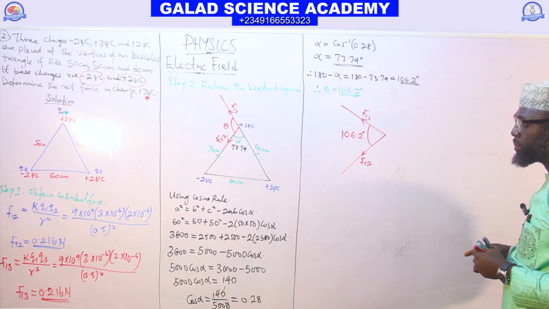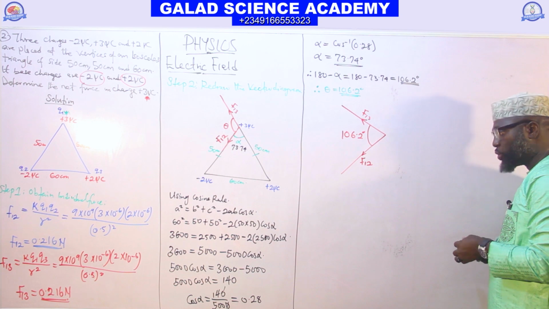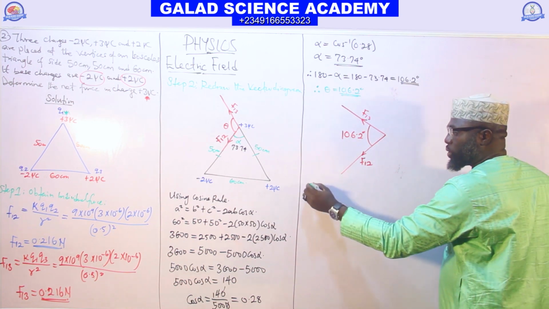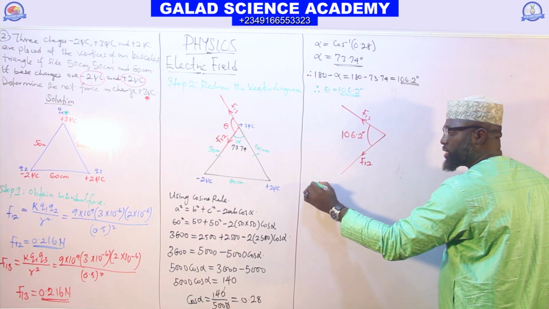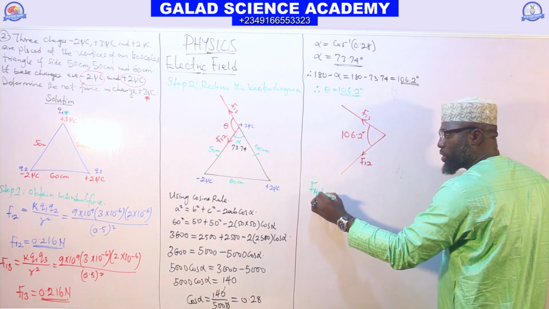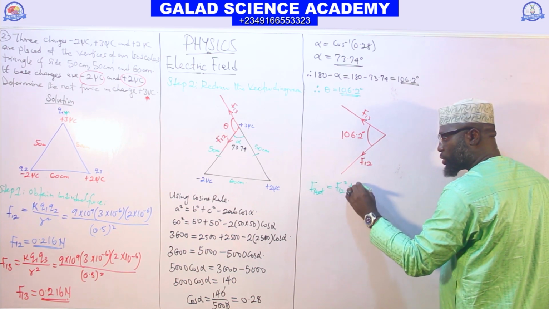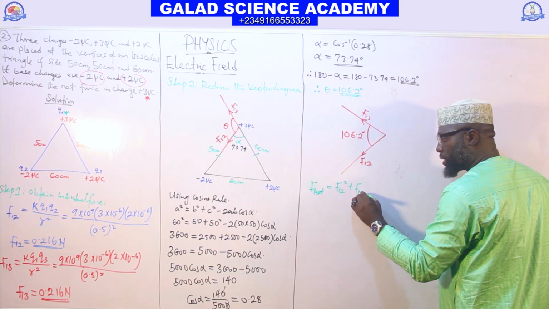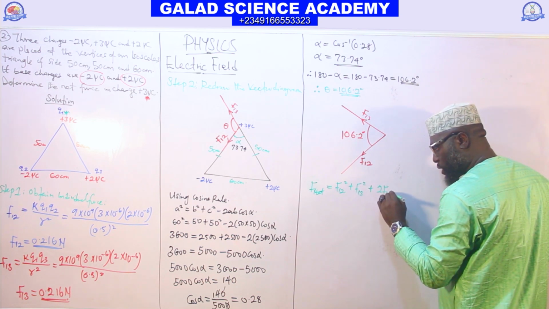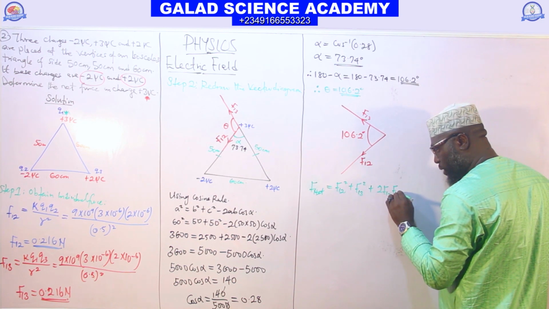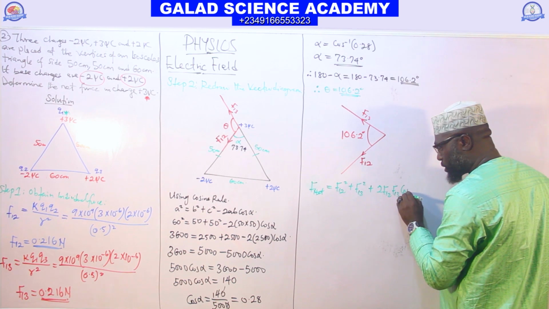We now apply our general formula as usual, which we used to use. We say that the resultant force, or the net force, is the square root of force 12 squared plus force 13 squared plus 2 force 12 force 13 cos theta.